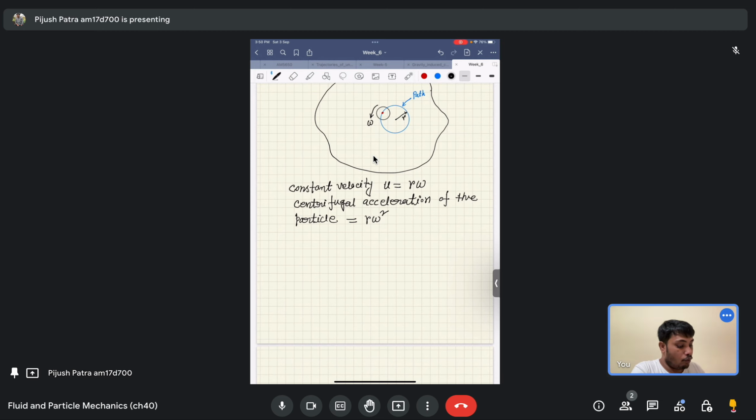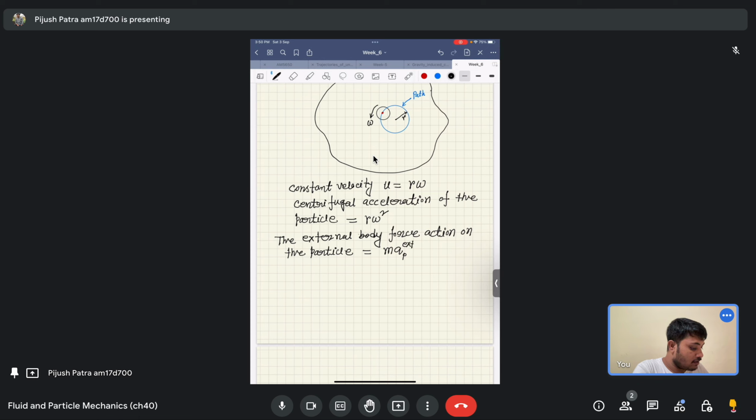Okay, so the body force, the external body force acting on the particle is equal to simply m into acceleration due to the external body force.